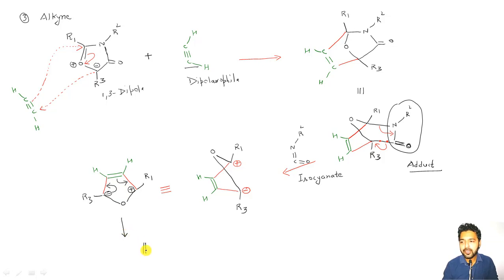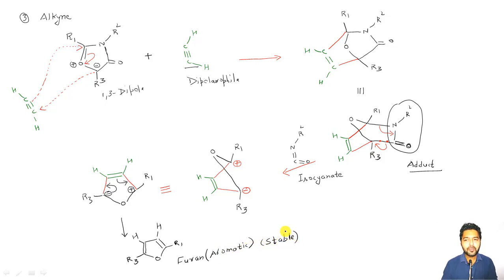A double bond here, a single bond, once again a double bond here, and this is attached to this oxygen atom. This is having R3, this is having R1, and the two hydrogen atoms as it is, the first one and the second one. Okay, so it won't be difficult for you people being chemistry students that this is what it is. Nothing, it is a molecule of furan, which is aromatic in nature, and because of aromaticity, it is a stable type of molecule.